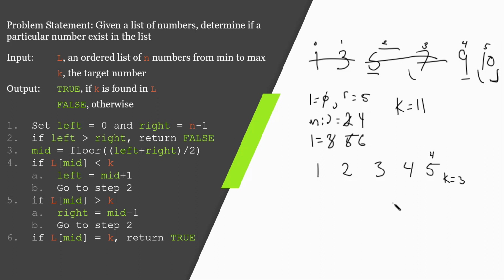Okay, so let's just take this list here as an example. And let's say we're looking for k is equal to 1. How many steps would it take for binary search to find this value? Well, the first thing we have to do is find 3. So we check 3, and it's not that value.